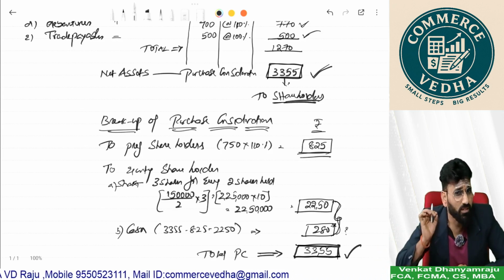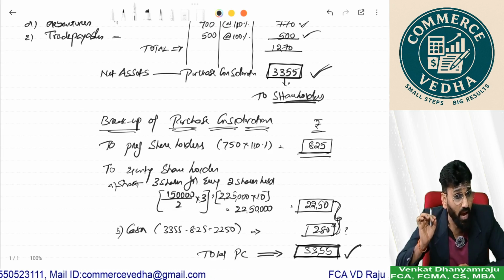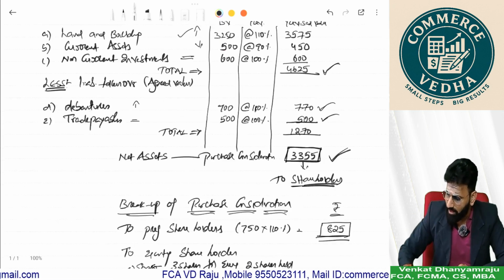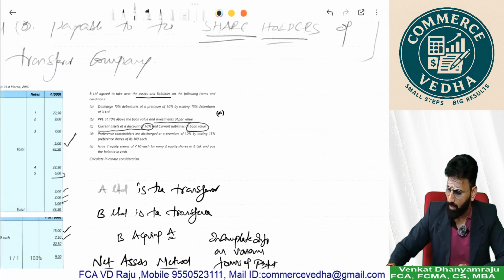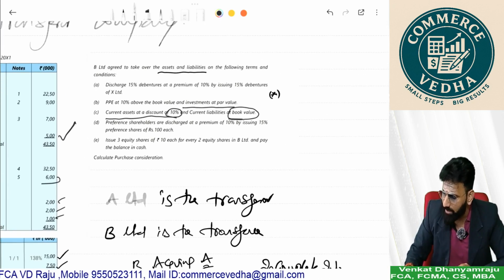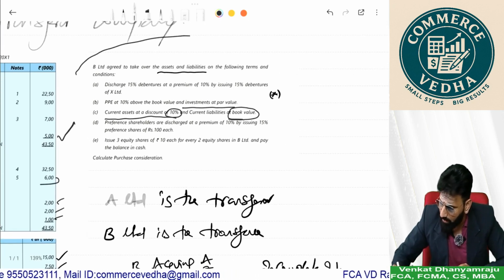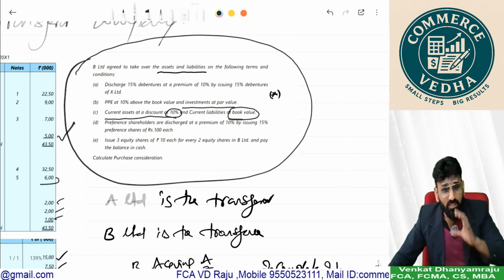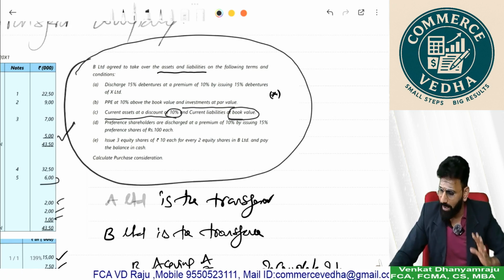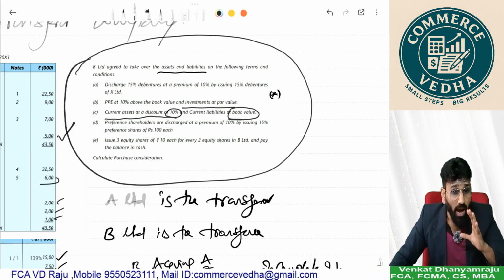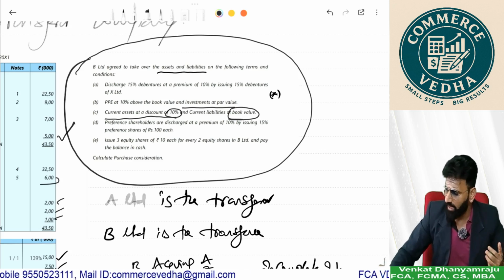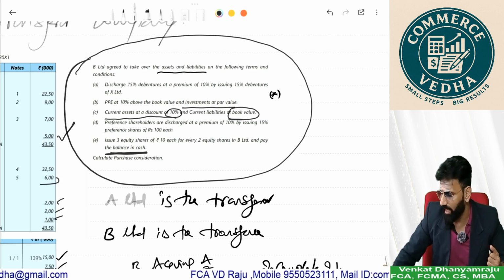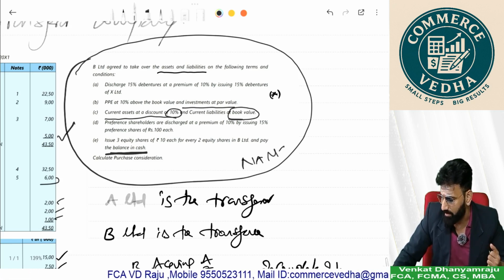So the solution is simple. If we read and understand the question in detail, everything will be available in this particular place. You know the scheme in total. Based on the scheme, you should identify which method. Here we identified because balance in cash is the key. So it is net assets method.